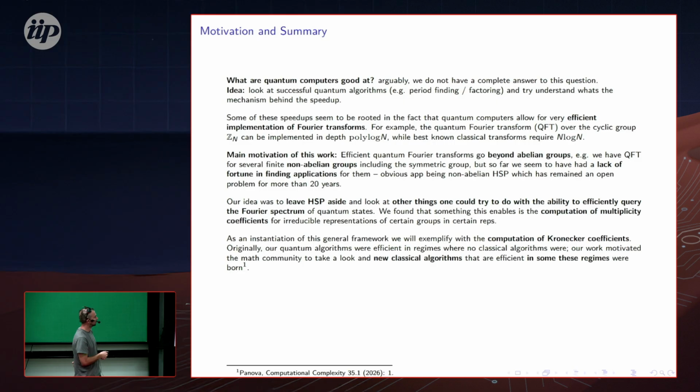A special case of irrep multiplicities is the computation of Kronecker coefficients, which are the irreps appearing in the tensor of two other irreps of the symmetric group.